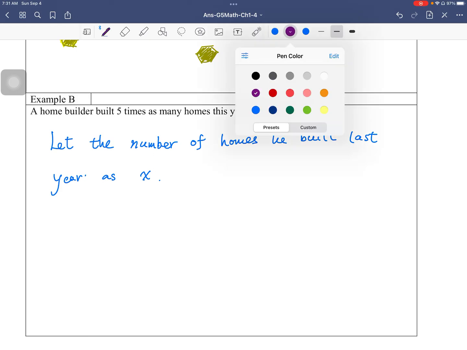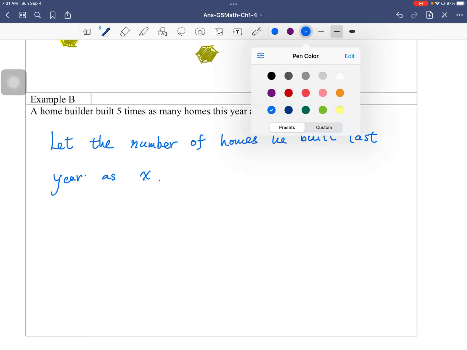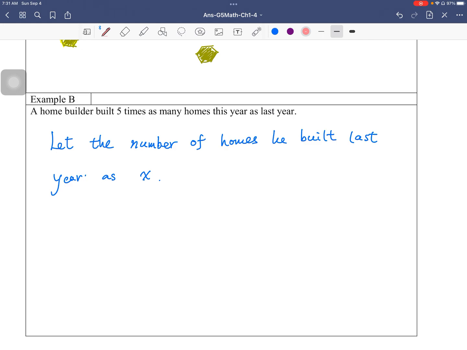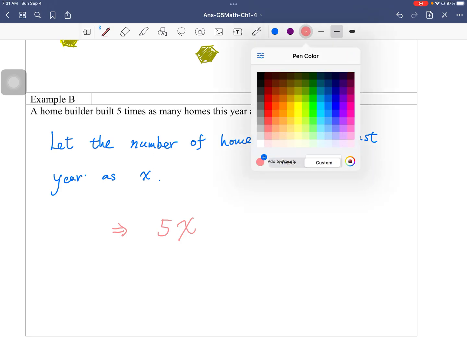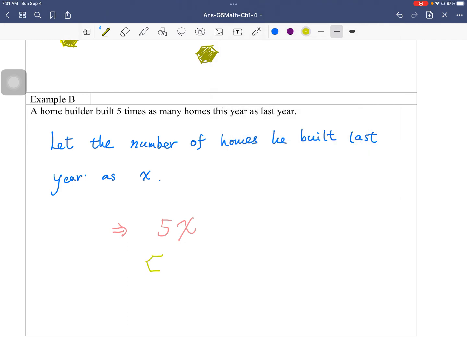So a home builder built 5 times as many homes as last year. So using representation, I would have 5 x.